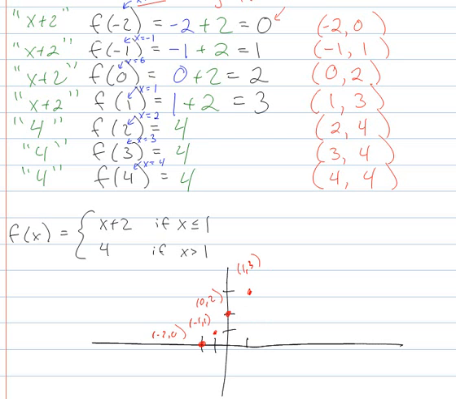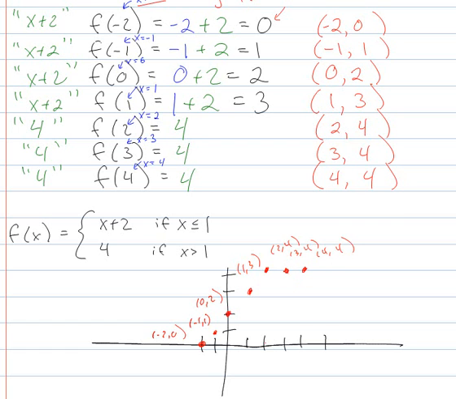We've got a point at 2, 4. We've got a point at 3, 4, and 4, 4. All right. Let me try to line these up a little better.